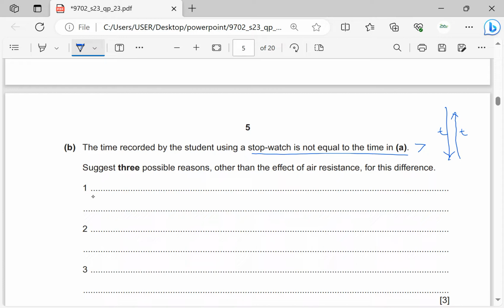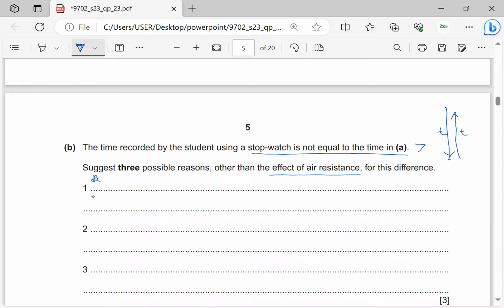So suggest 3 possible reasons other than the effect of air resistance for this difference. So there are several reasons. I will state a few of them. Number 1, you could mention reaction time between hearing the splash and stopping the stopwatch.